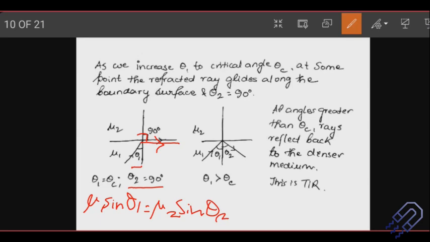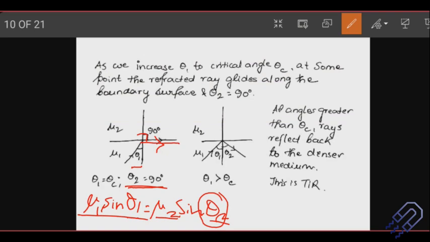We need to consider this relation, and here theta 2 and theta 1 are represented in the diagram. So in this case, theta 1 is here and theta 2 is 90 degrees. Sine of 90 is 1. So if we simplify the relation, we can write mu1 sine theta 1 is equal to mu2, or we can find out what is sine theta 1.